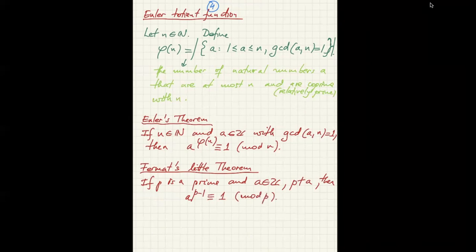So that's one place where you'll see Euler's totient function. And it's not hard to show that Euler's theorem is a generalization of Fermat's little theorem.